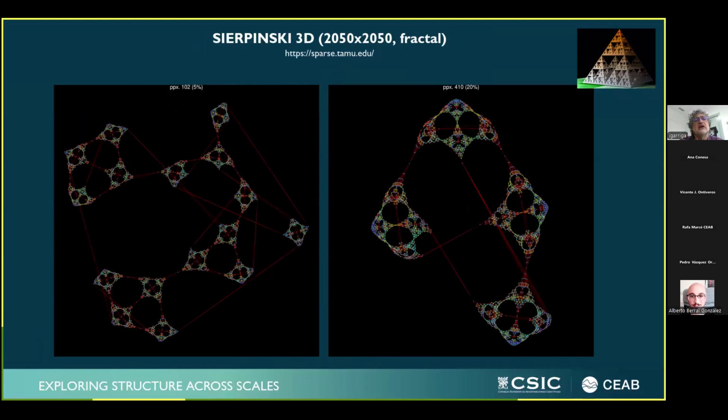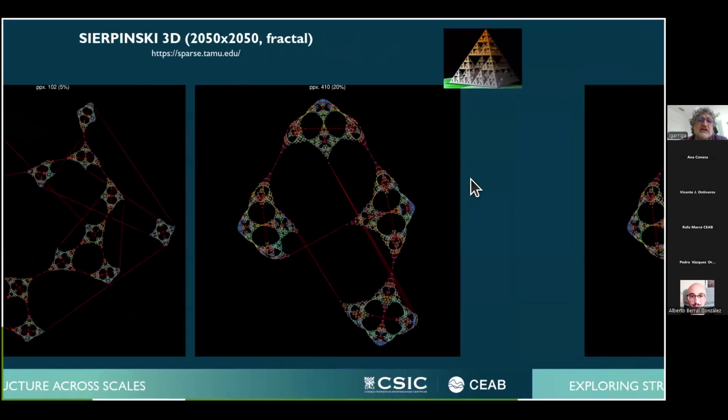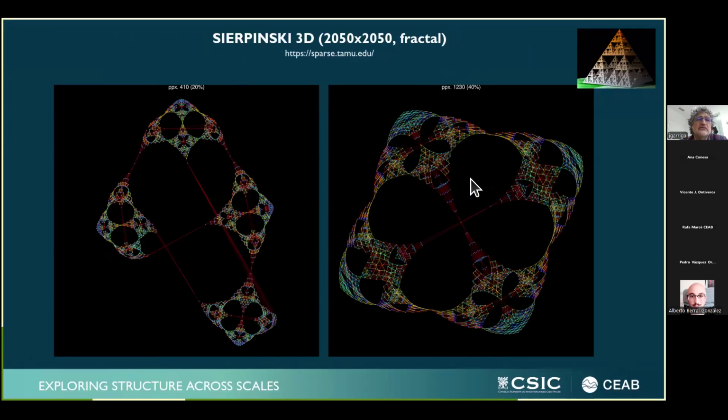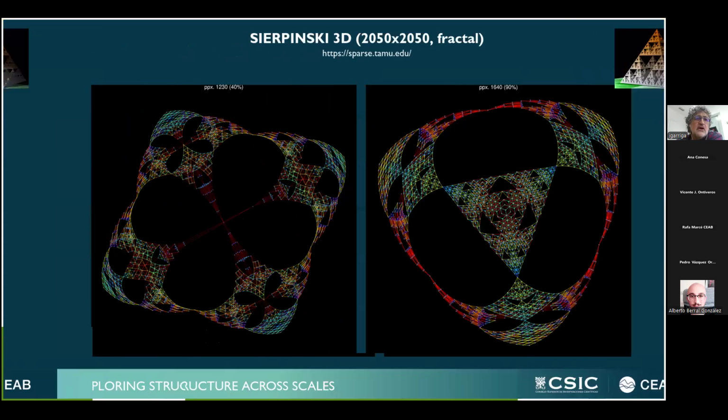And the same as we move to higher values of perplexity, we see that as we increase them, we recover the structure present in the Sierpinski 3D at different resolutions.